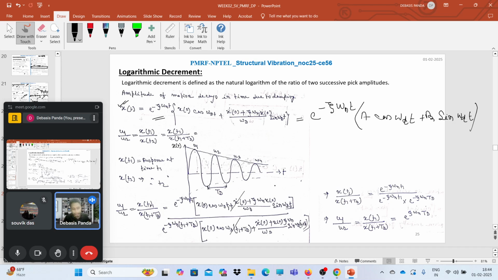Now, first let's understand the definition of the logarithmic decrement. Then we will understand from the logarithmic decrement how we can find the value of xi, that means damping, from the free vibration response. It's a very important phenomenon.